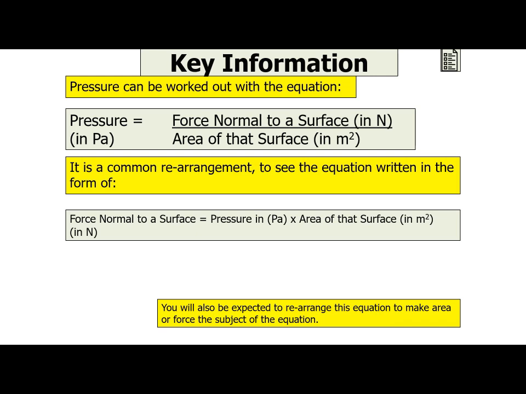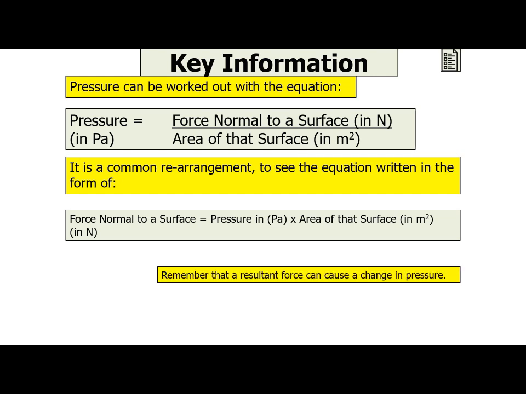So, for example, it's a common rearrangement to see the equation in the form of the force normal to a surface in newtons is equal to the pressure in pascals times the area of that surface in meters squared. So what this tells us is that a resultant force can actually cause a change in pressure. So we can write it out as the resultant force in newtons is equal to the change in pressure in pascals times the area of the surface the force acts upon in meters squared.